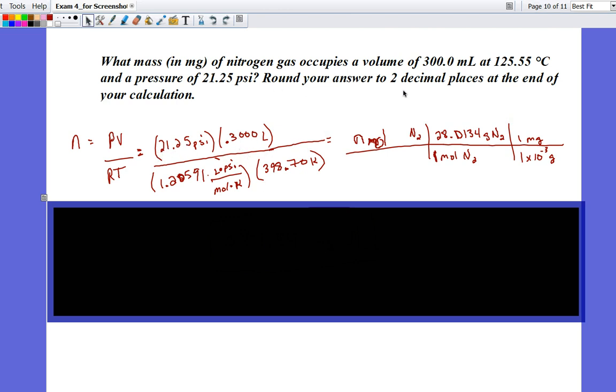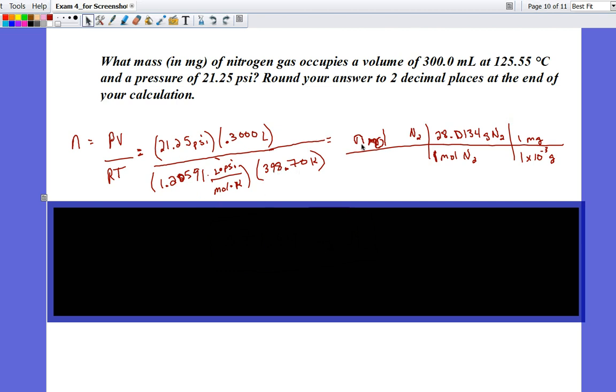I converted my milliliters to liters because I'm going to use an R value of 1.20591 from my reference material, which is the one for liters psi per mole Kelvin. And now convert my Celsius temperature to Kelvin.